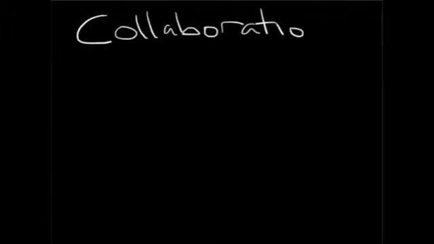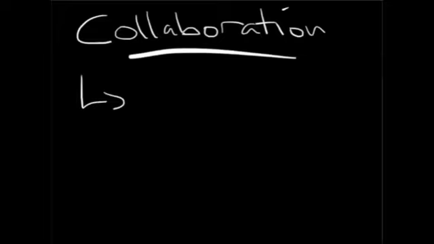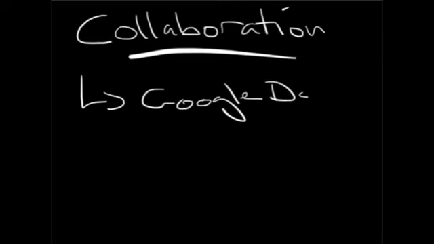Collaboration is another one of those buzzwords, but again, I think really important and valuable. There's a couple of ways that students can collaborate with their writing. The most sort of famous and popular is Google Docs or Google Drive, whatever it's called now.